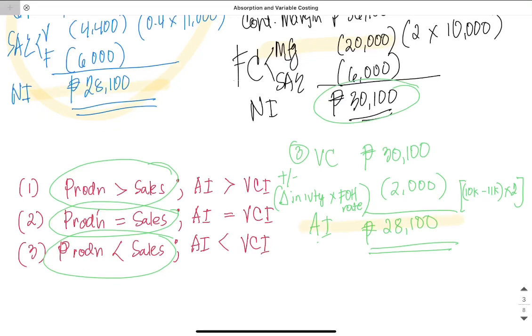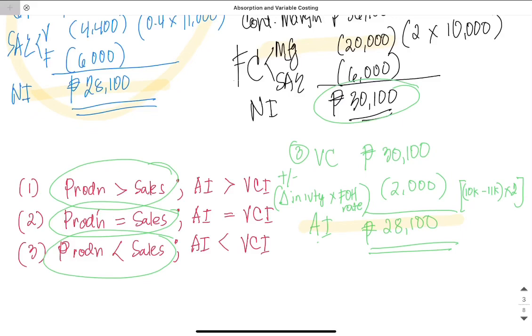Sir, what if I am more comfortable in answering absorption costing income? Then it is still the same. You just have to work it back. So 28,100, instead of subtracting it, you just have to add it.